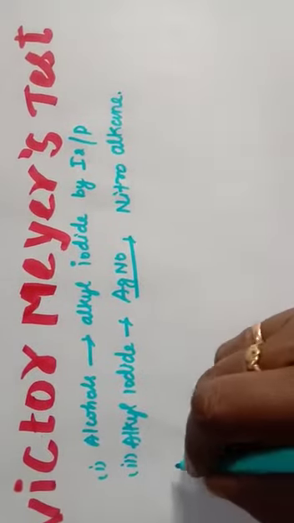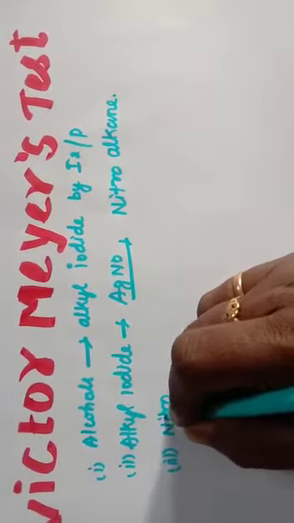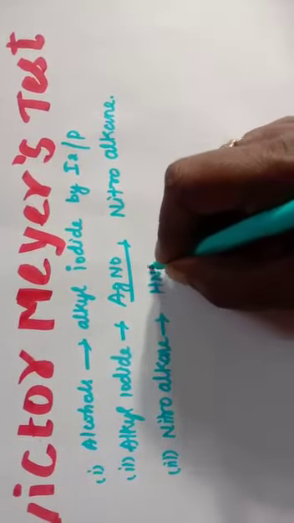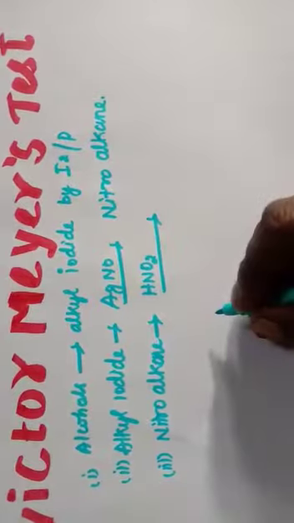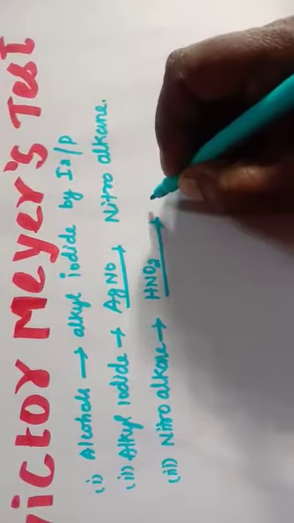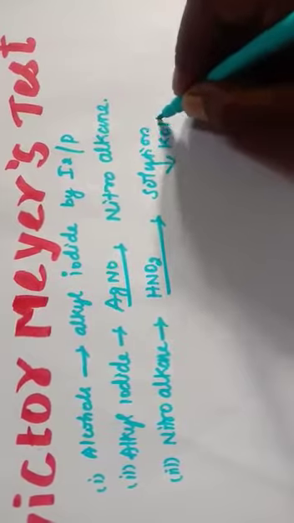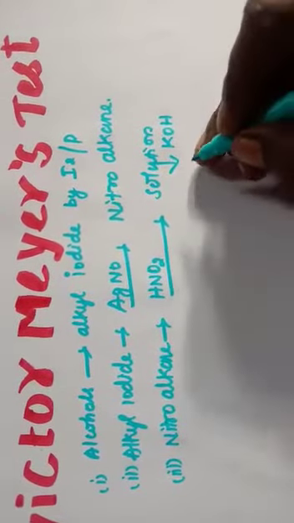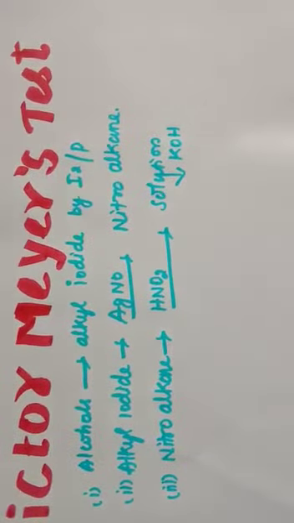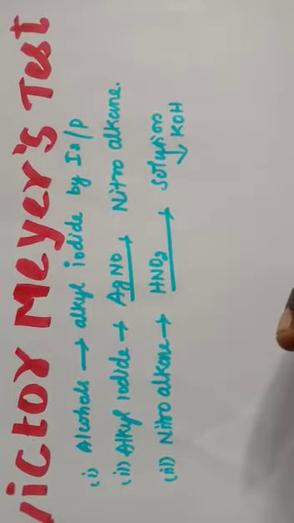The third step is that this nitroalkane reacts with nitrous acid, HNO2, and then the resultant solution is made alkaline with KOH. By observing the solution, we can conclude whether the alcohol is primary, secondary or tertiary.